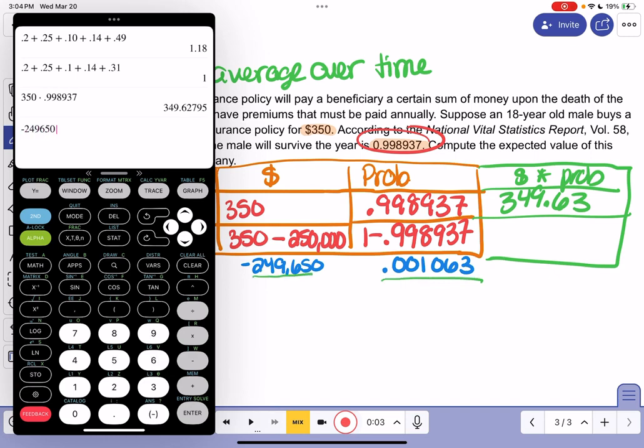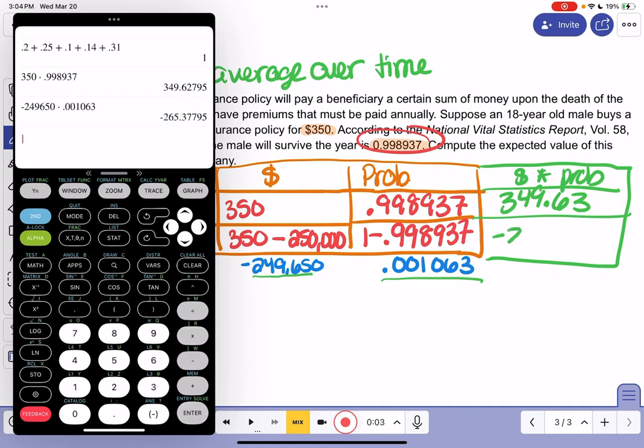So negative 249,650 times 0.001063. We get negative 265.38. And then we add those together. 349.63 plus negative 265.38 gives us $84.25.